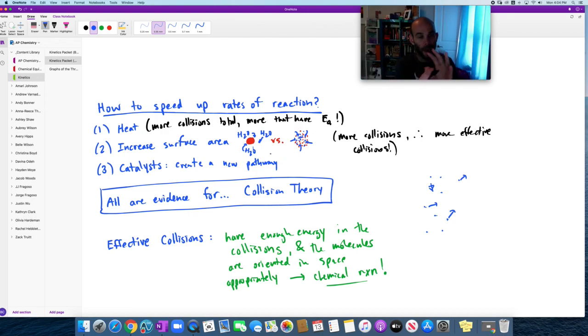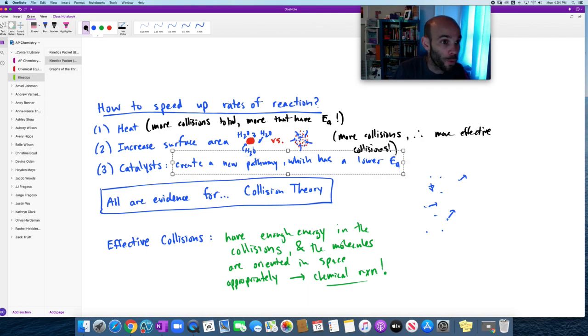There's a different path. So this is like sort of taking a different route through the mountain range to go from the bottom of the mountain to the cabins that are halfway up somewhere. So you can take a different route. So we create a new pathway which has a lower activation energy. Okay, and let me put that in black just to be consistent here.